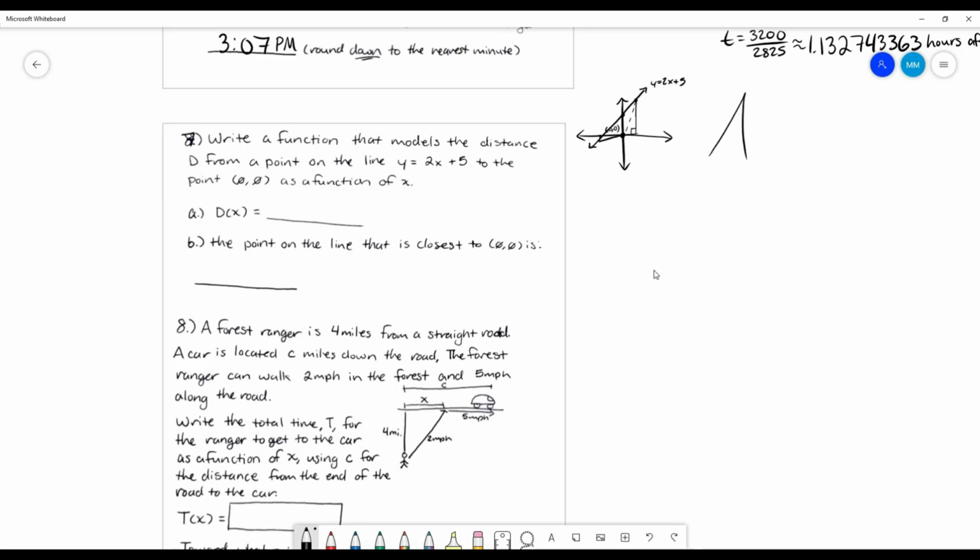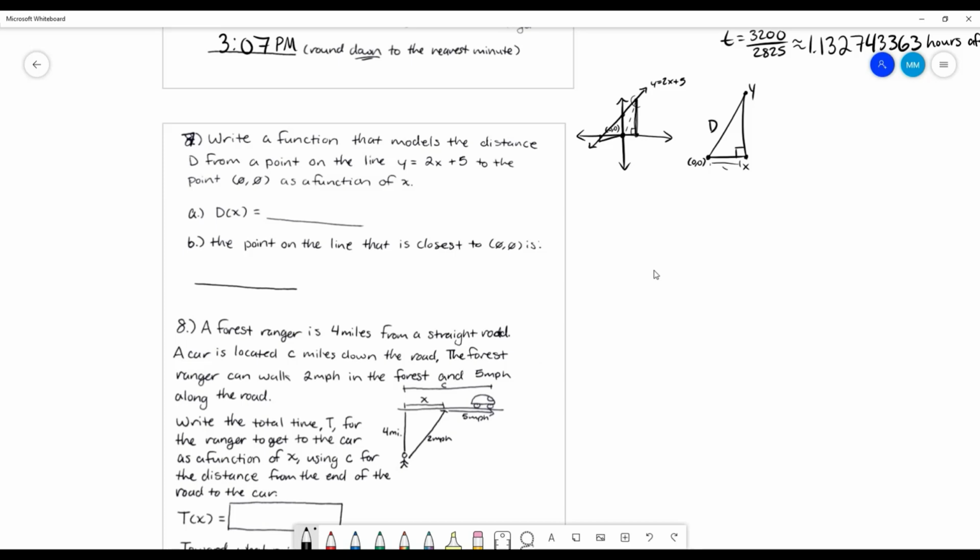Let's draw out that triangle. This height here is going to be whatever this y value is, so it's going to be y. Over here, this point's just going to be whatever x value is plugged in. And this right here is our 0, 0. There's our distance.